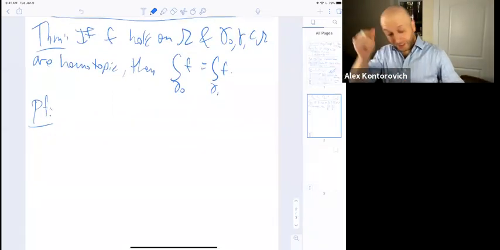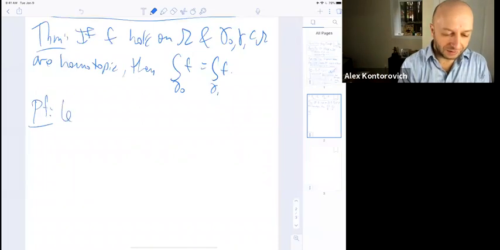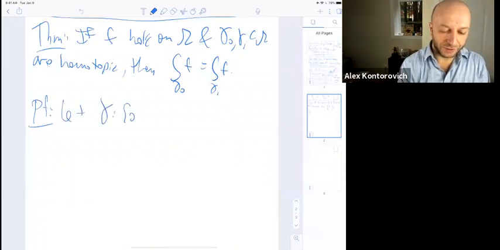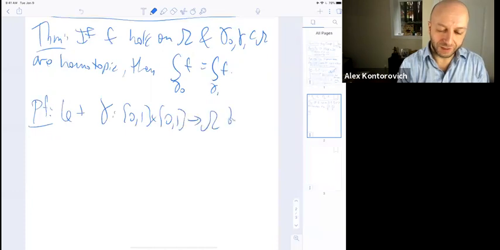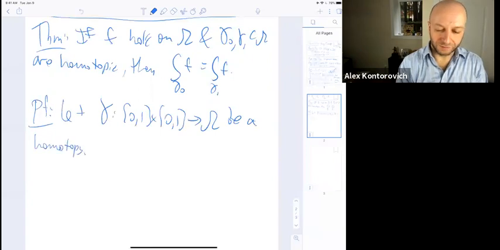Okay, so proof. Let gamma be a homotopy. Again, we've lost our picture. Here's gamma 0, here's gamma 1.